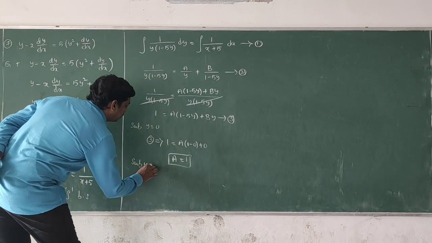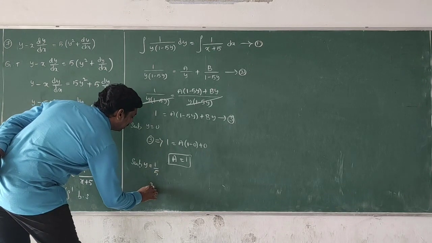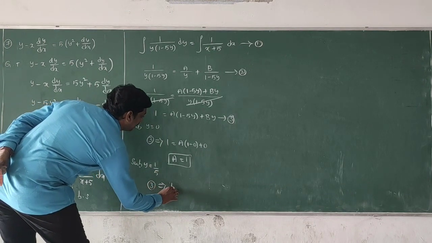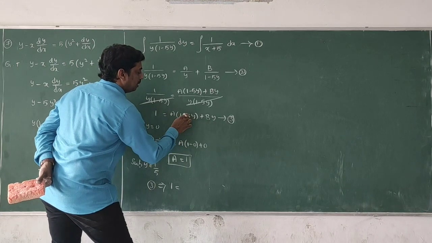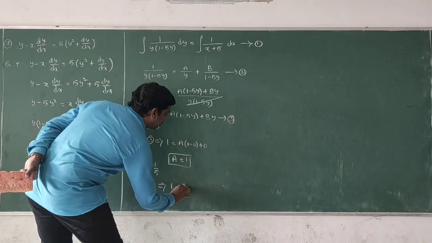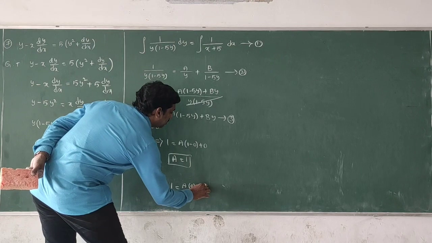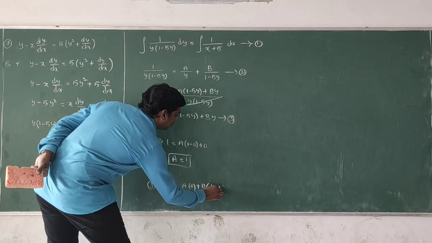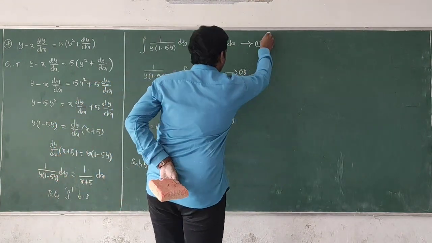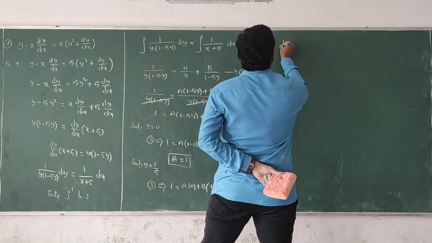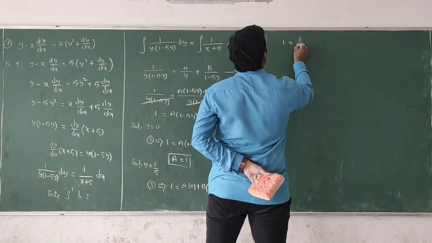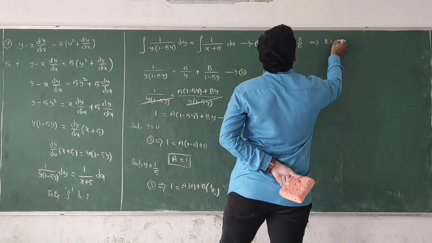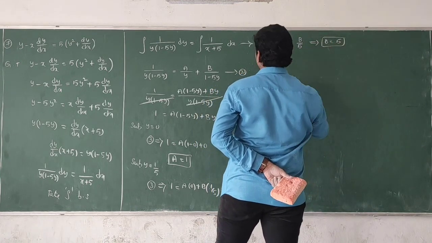Substitute y equal to 1 by 5 in the third equation: 1 equal to A into (1 minus 1), which is 0, plus B into 1 by 5. So 1 equal to B by 5, and the B value is 5.